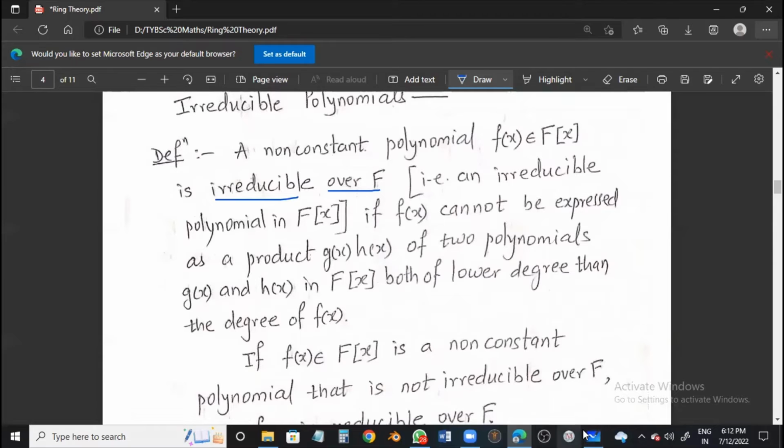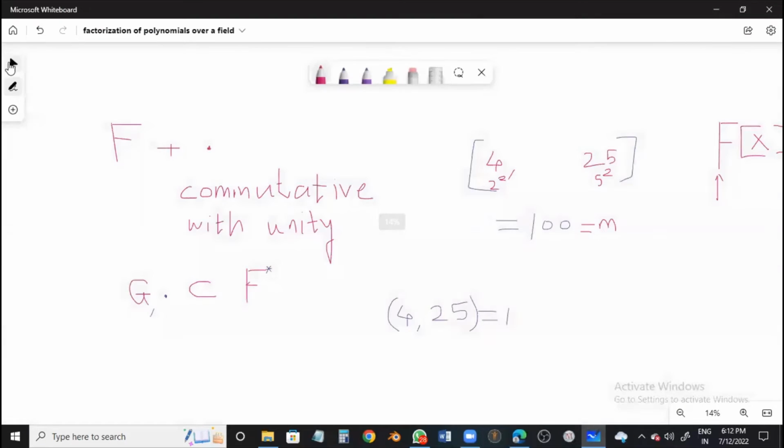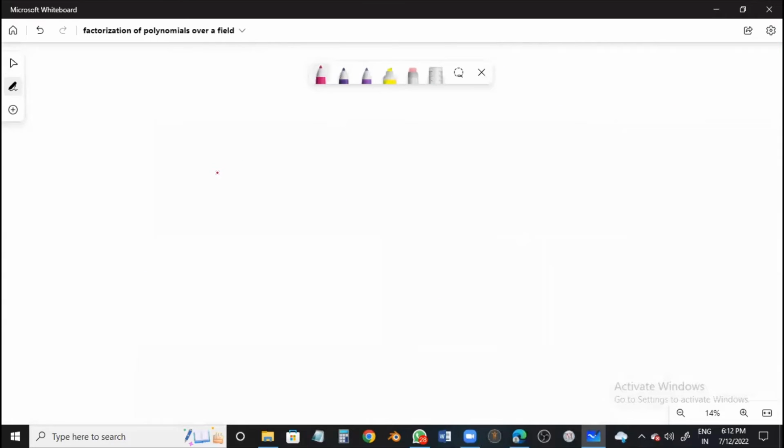I would like to tell you once again. If I have this kind of polynomial, x square minus 2, you know very well that this is not reducible in Z of x, neither is it reducible in Q of x, but it is reducible in R of x.